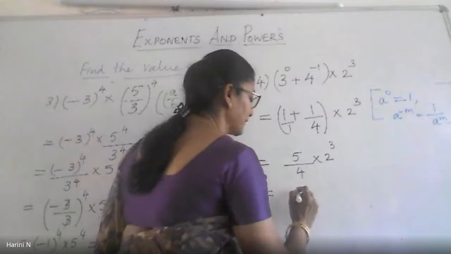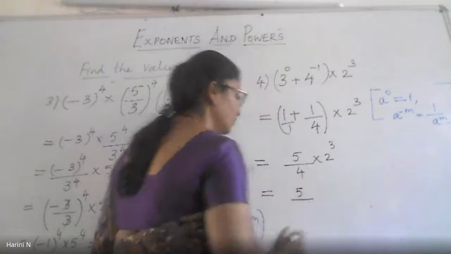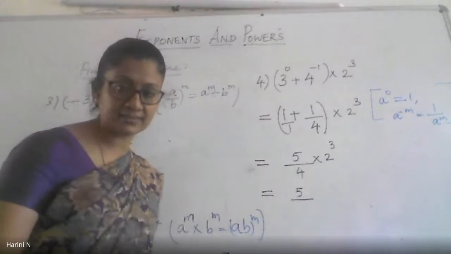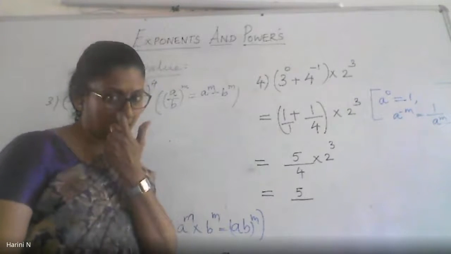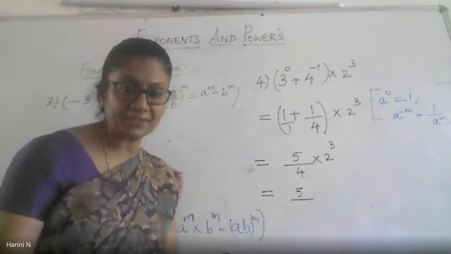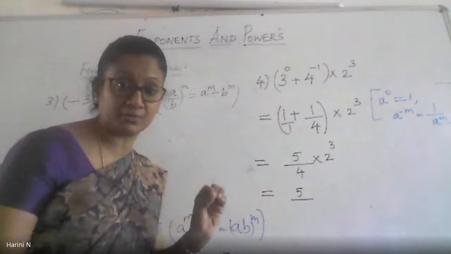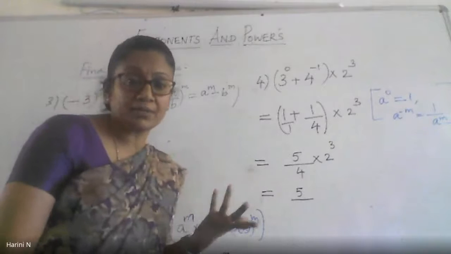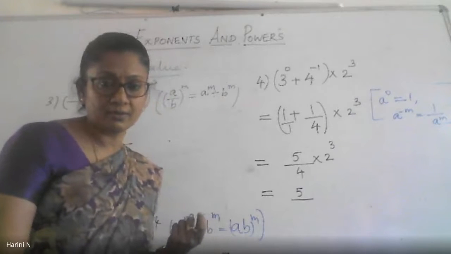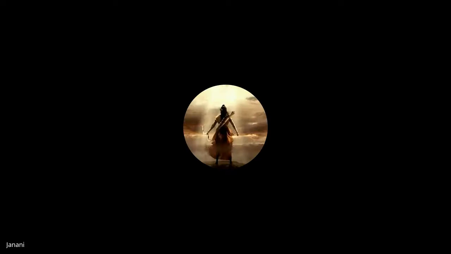Next. Can I see 4 as an exponential number also? 4 is a perfect square. 4 can be written as? Ma'am, 2 to the power 2. The square of which number is equal to 4? 2. 2 square.